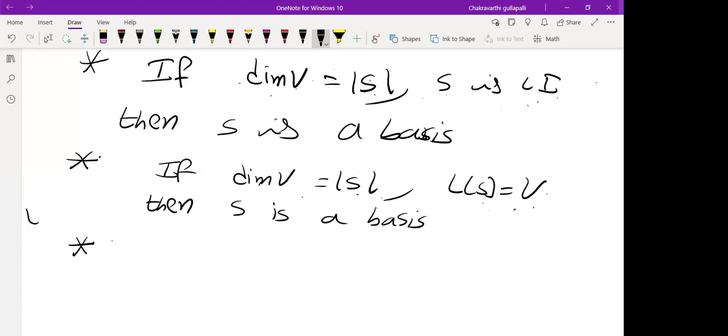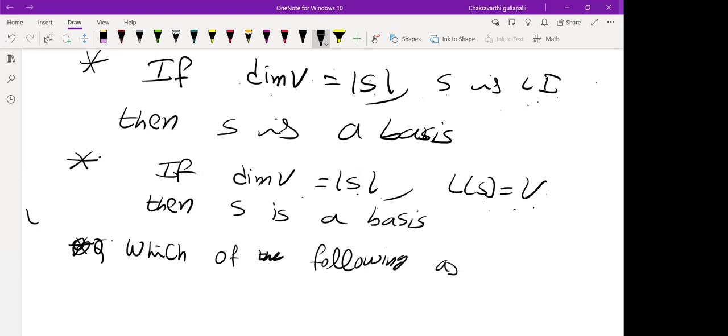ఓకే, these are all the applications of extension theorem. సో ఫర్ ఎగ్జాంపుల్ ఇప్పుడు మిమ్మల్ని అడిగారు, which of the following are basis?